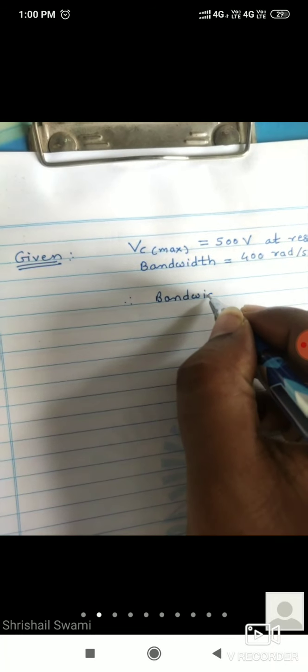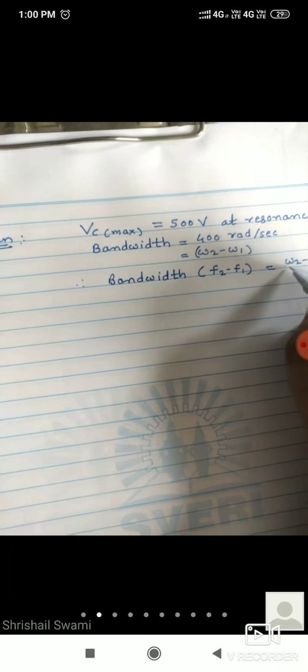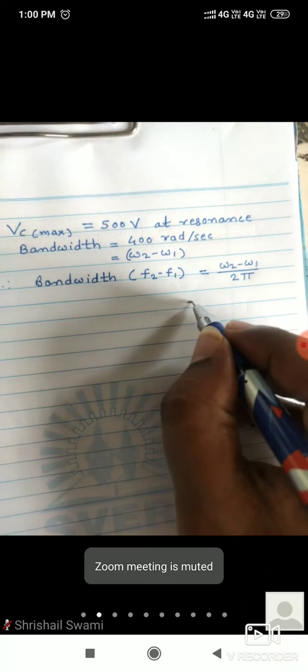If you want to convert bandwidth to hertz, the bandwidth given is omega 2 minus omega 1. If you want to calculate bandwidth in terms of f2 minus f1, then it is omega 2 minus omega 1 divided by 2 pi. So what is the value?